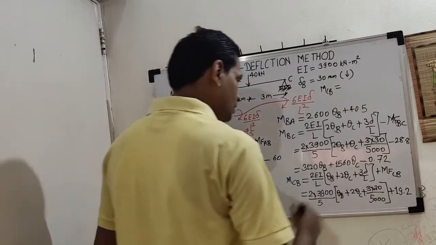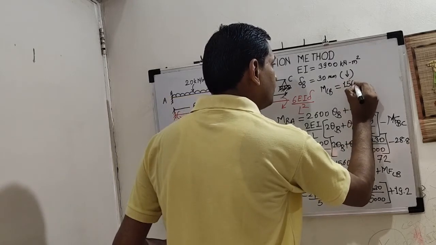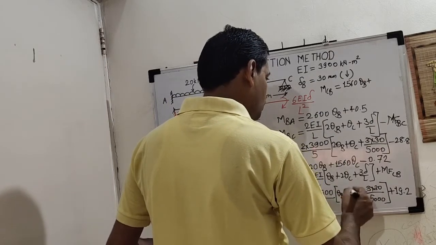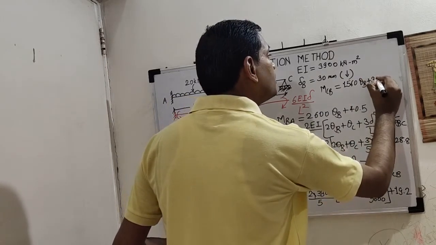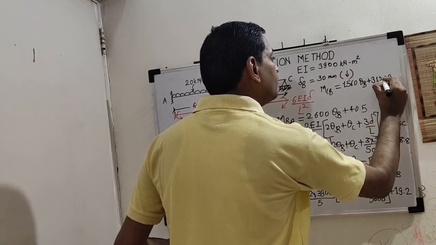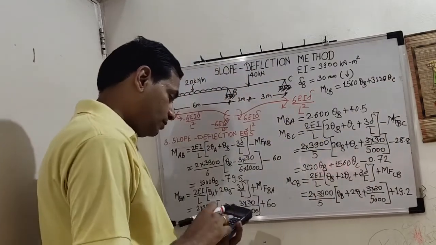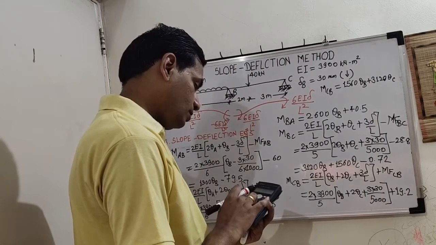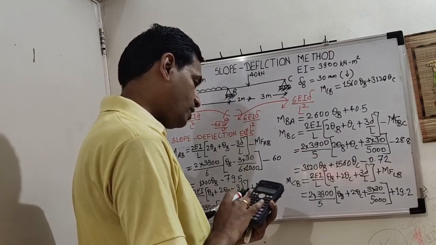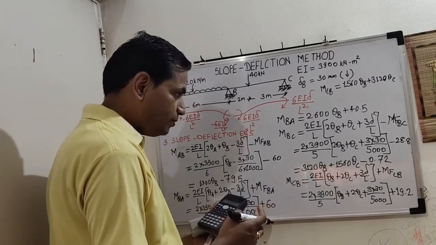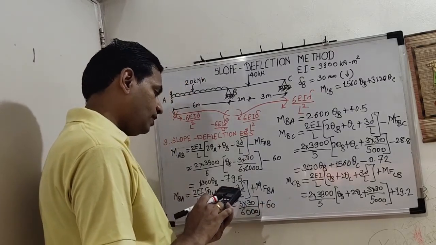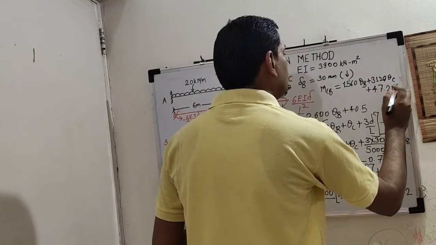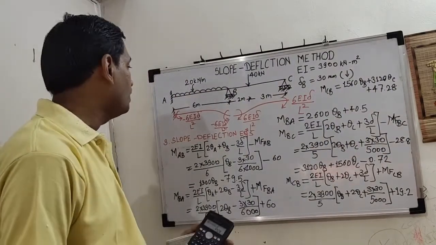MCB is equal to 1560 theta B plus, that is double, so 3120 theta C, and last term 2 into 3900 into 3 into 30 upon 5 times 5000, 28.08 plus 19.2, it is 47.28. So this is MCB.